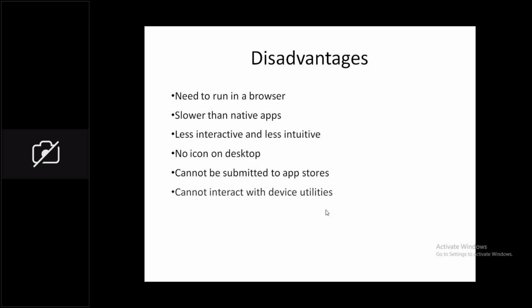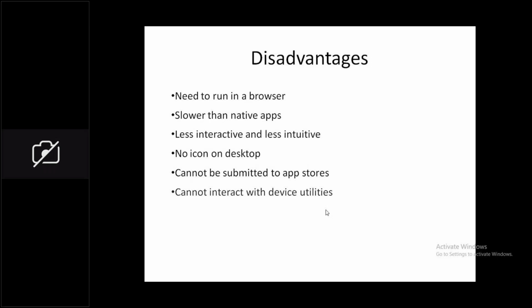A company which has only a mobile website or a web app cannot go to the Play Store or the App Store and ask them to list their web application on the store. It is not possible. You have to have a native application or a hybrid application in order to be listed on the App Store. Yes, so you have to comply with the rules of the App Store also.